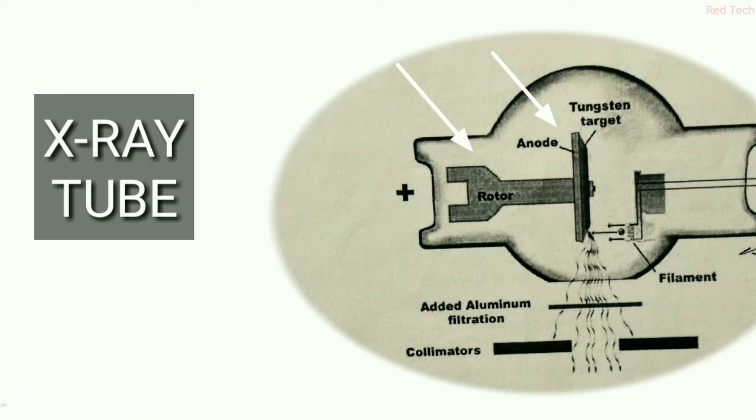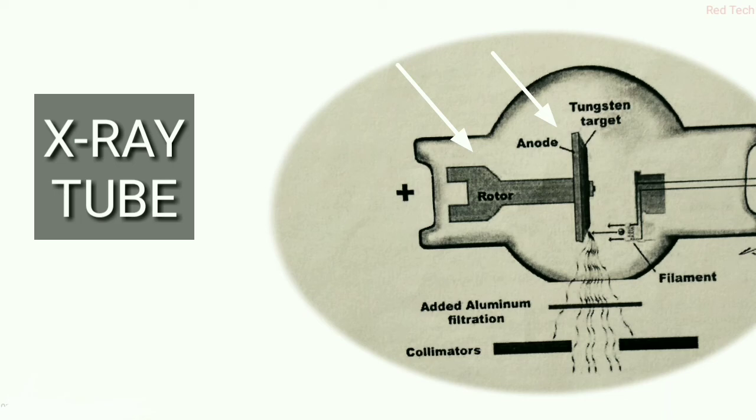The lifespan of the rotating anode is longer than the stationary anode, because the area hit by the electrons is expanded by the rotating anode as compared to the stationary.